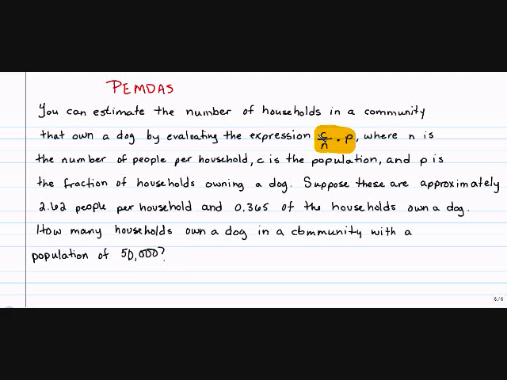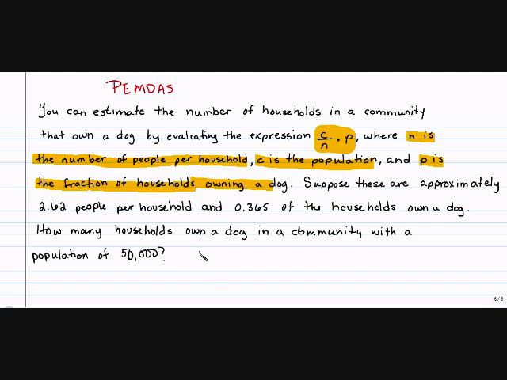So step 1, determining what each variable is. C is the population. P is the fraction of households owning a dog. And N is the number of people per household. So let's go back and write this down. Need a pen to do that. That would help. There we go. Okay.